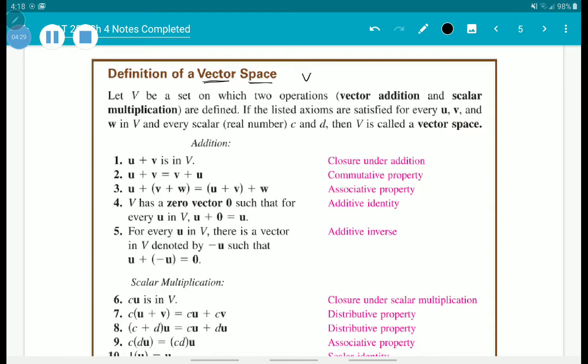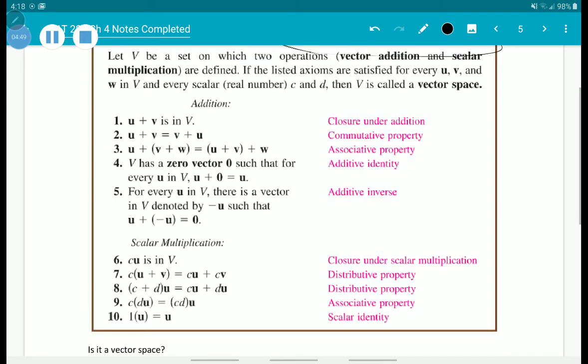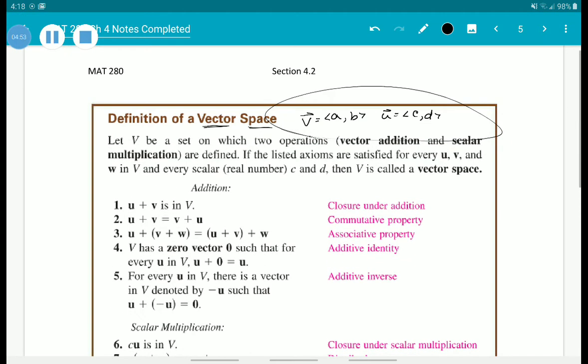So if you think back to a class where you talked about vectors, maybe it was a pre-cal class, if we talk about vectors in 2 dimensions, then we're talking about vectors that look something like this. Well, a vector space doesn't necessarily have to consist of just vectors. We could talk about matrices. And matrices aren't really vectors that we could write this way.